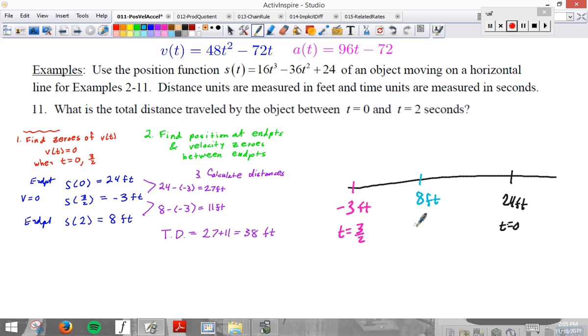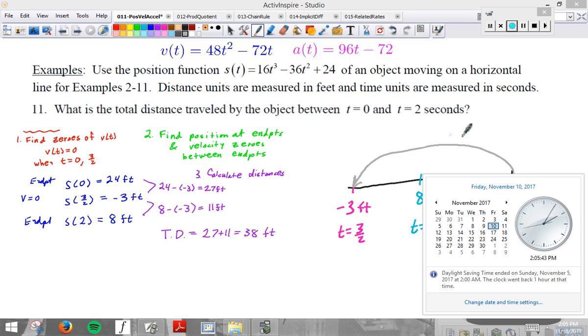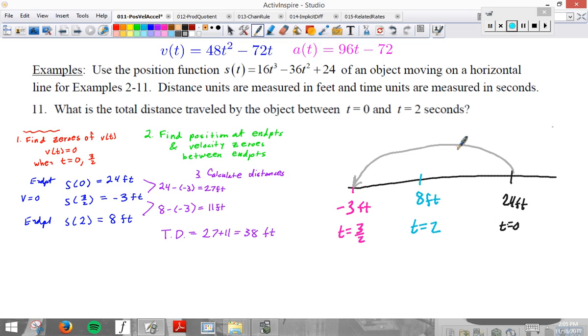The scale on this is wildly whacked out. And we're asking, how far has that ant traveled? By separating out into v equals 0, we found out portions of time where we are certain the velocity is not changing.